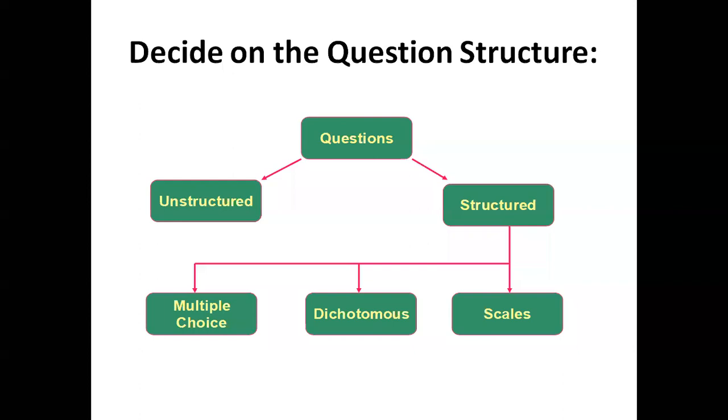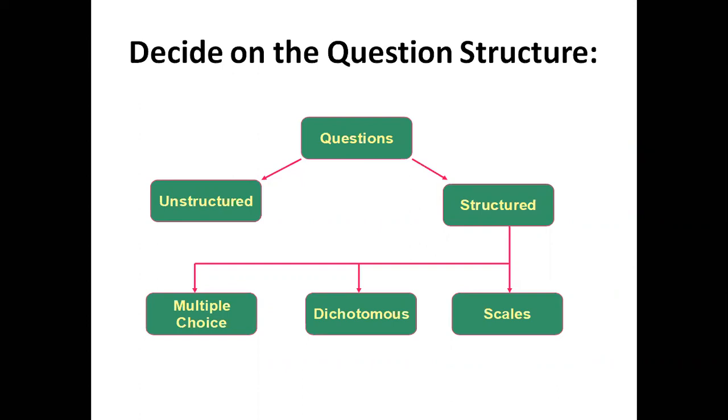Fine. Then come dichotomous questions. Dichotomous means di means two, cotomous means options. Two-option questions. A question with two options is called a dichotomous question. Now, one simple example.